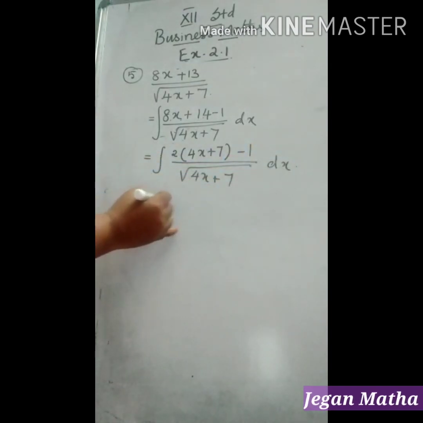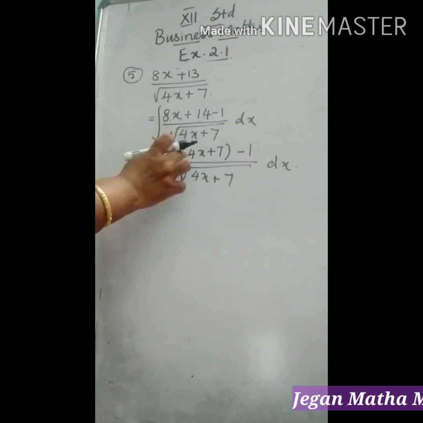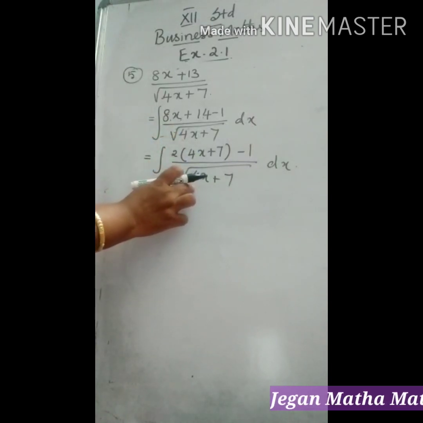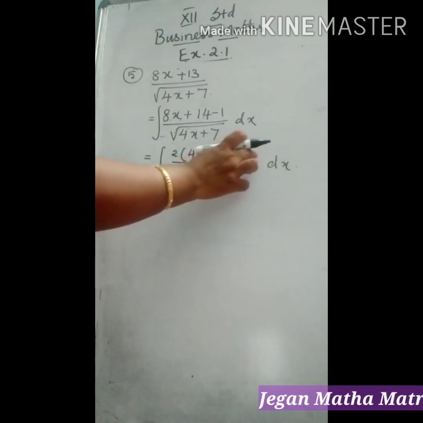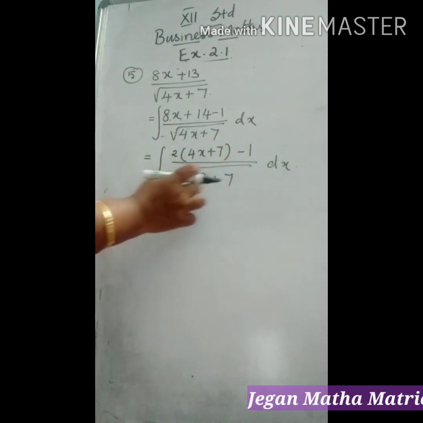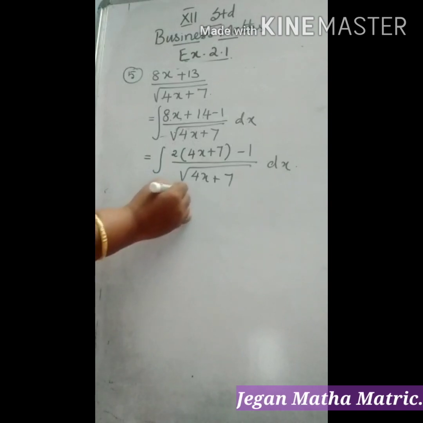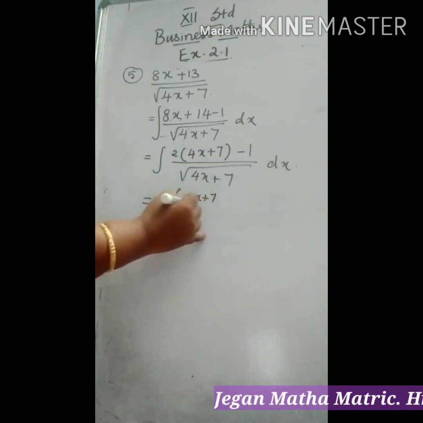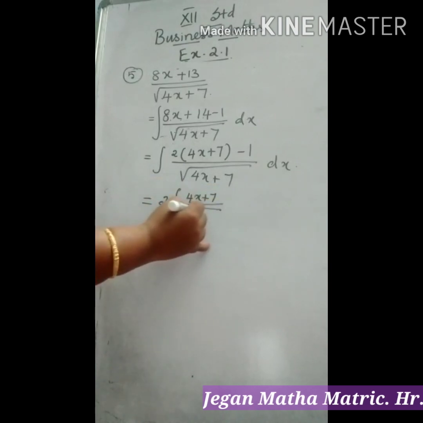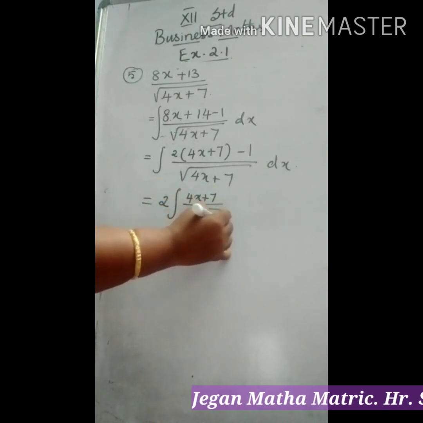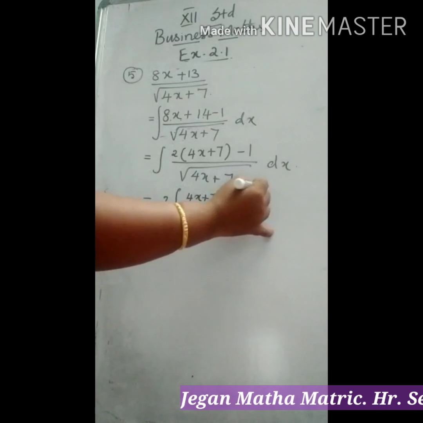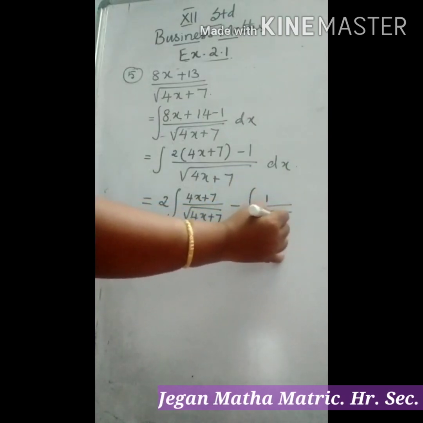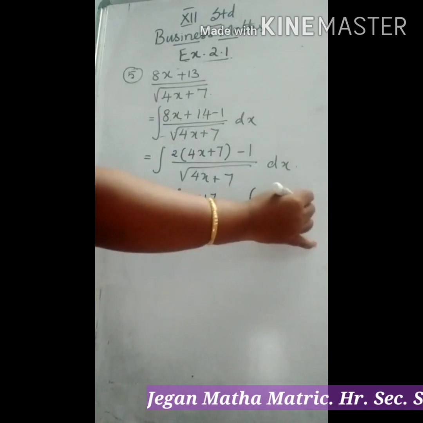Now we have to take it as two terms. One is (4x plus 7) divided by root of 4x plus 7, minus 1 by root of 4x plus 7. So 2 into integral of (4x plus 7) divided by root of 4x plus 7, minus integral of 1 by root of 4x plus 7 into dx.